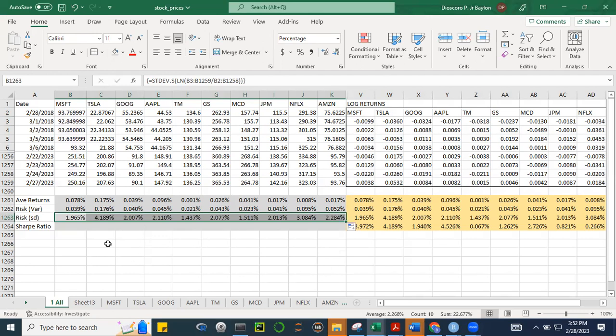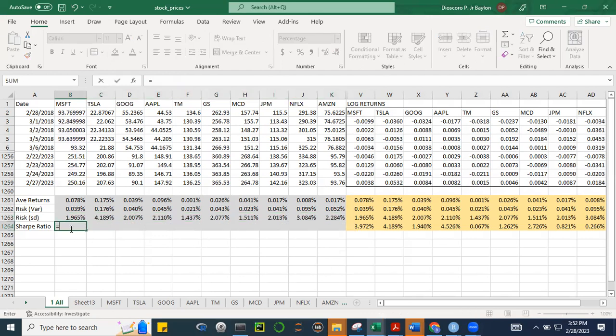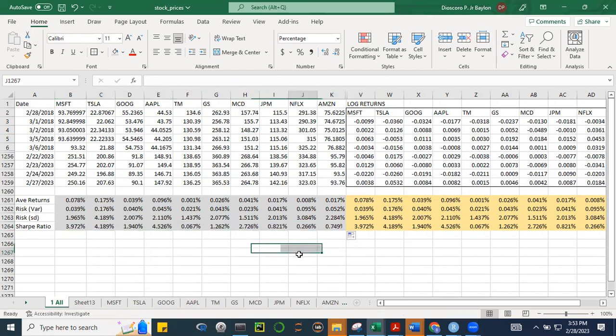Okay? And yung Sharpe ratio, just a simple division lang, hindi na natin kailangan yun. That's average returns divided by the standard deviation. Control Enter. So hindi naman siya, scalar lang siya. Okay. There you go.